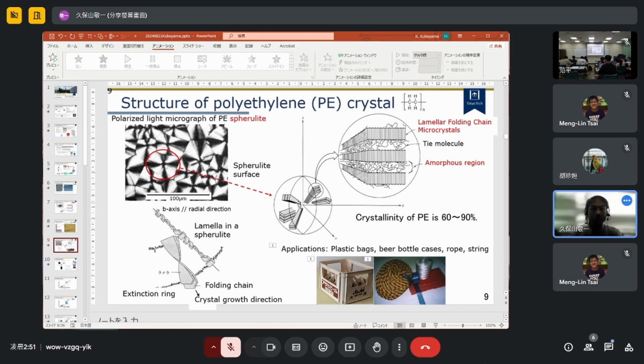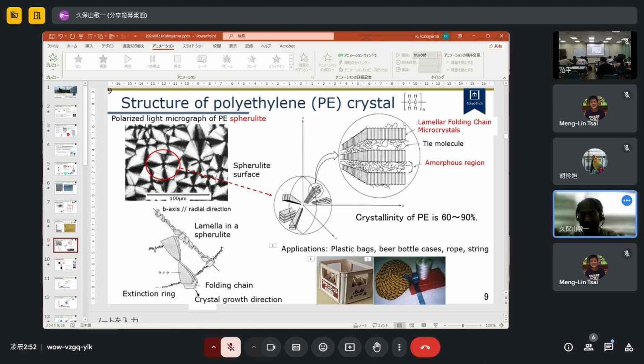And from this picture, maybe you can see the whole sample crystallized. But in the case of a polymer, the crystallinity of this sample is not 100%, because when you see the lamellar structure, between the lamellae there are amorphous regions.